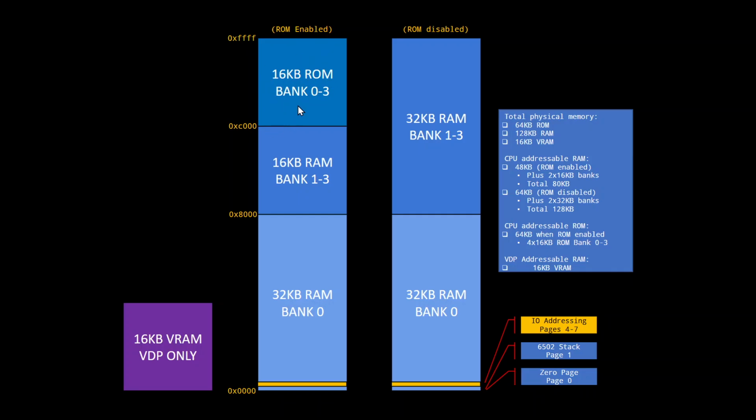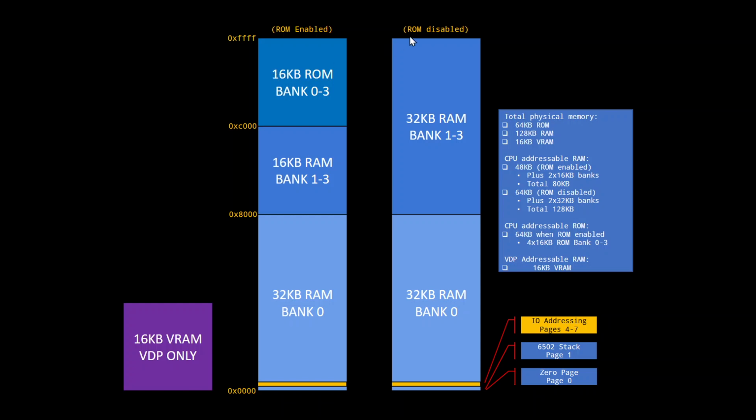The RAM underneath is not visible, but location 8000 to the top of memory does select one of the 4 RAM banks. You'd only select RAM bank 1 to 3 because RAM bank 0 is the bottom 32K of memory. But when ROM is enabled, you can't really access the top part of the RAM bank.